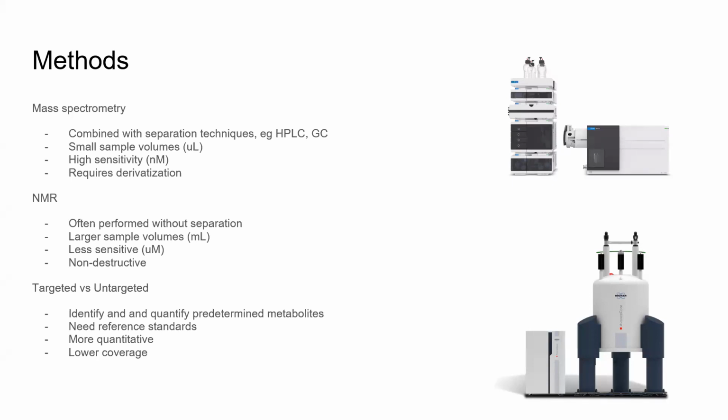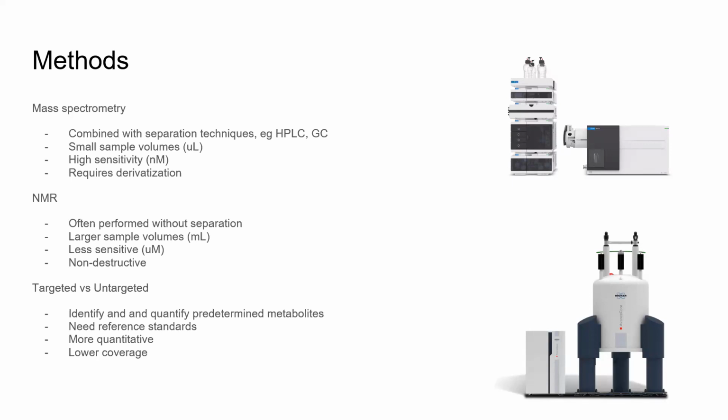Our lab focuses mainly on targeted metabolomics. In targeted metabolomics, we have a predetermined list of metabolites that we specifically want to identify and quantify. To do this, we take mass spectra or NMR spectra of reference standards and compare them with our unknown samples.